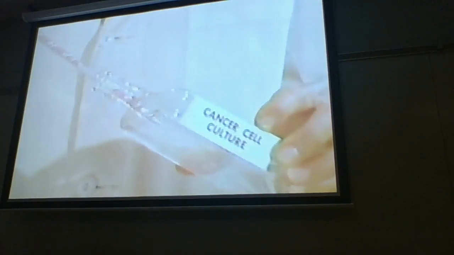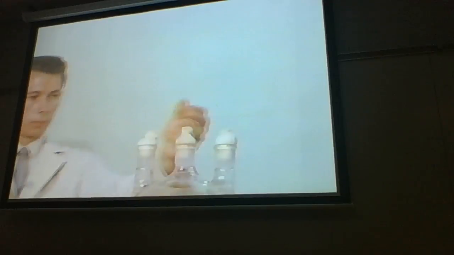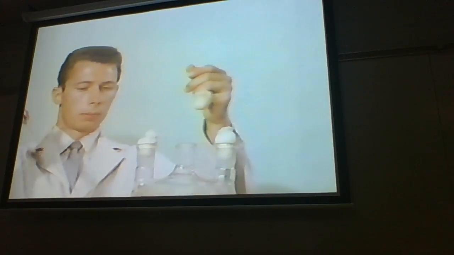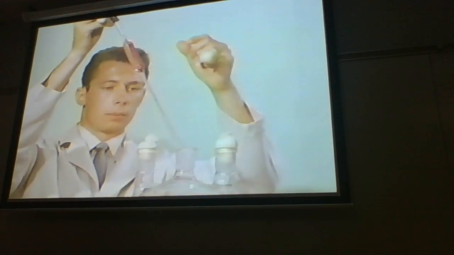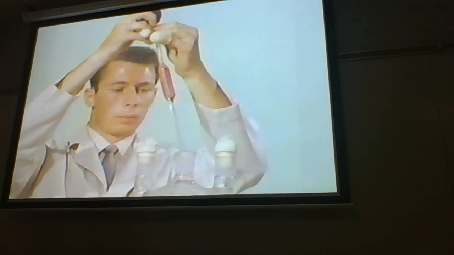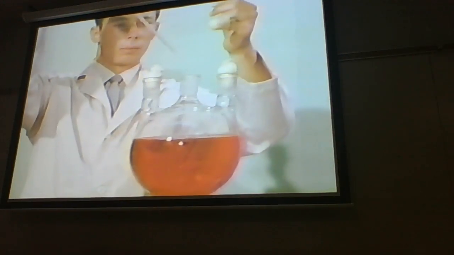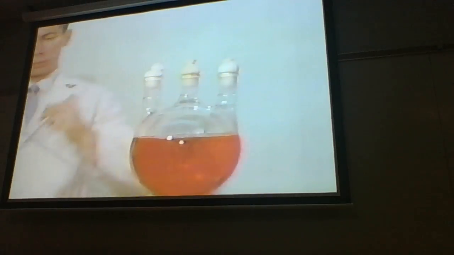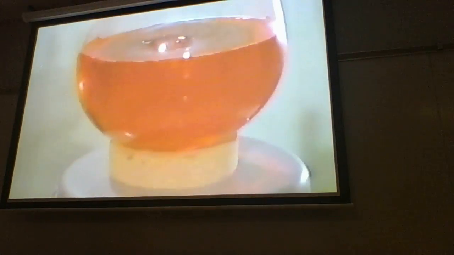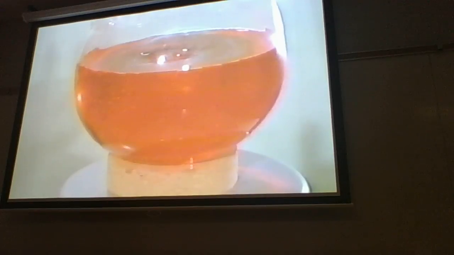A sterile pipette is used to transfer the cells into a large flask, which contains a nutrient medium. This permits continued growth so that we will have enough cells for our experiment. The cells are kept in suspension by a magnetic stir and incubated for several days.